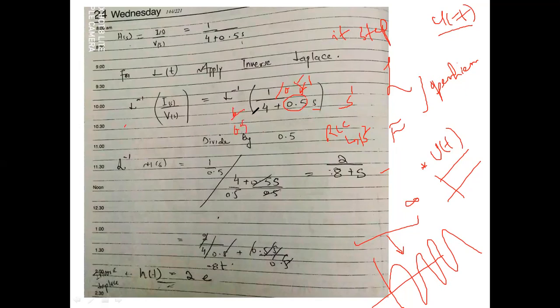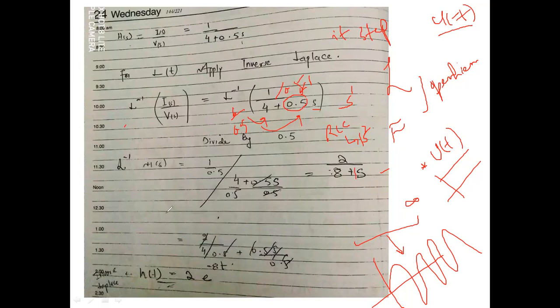Now solve the bracket. So we will get 4 over 0.5 plus 0.5 over 0.5, and the 0.5 will cancel out. The 4 over 0.5 is 8. So we will get 2 divided by 8 plus s. Now the coefficient of s is 1.